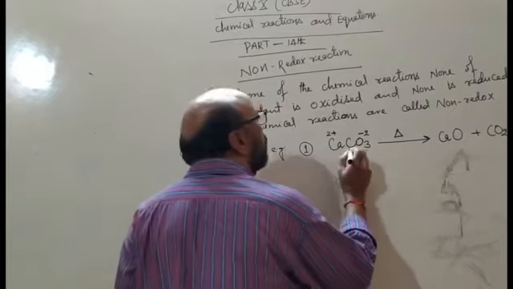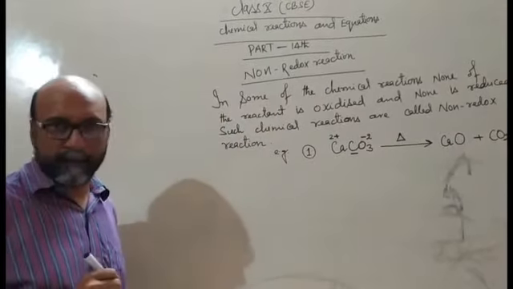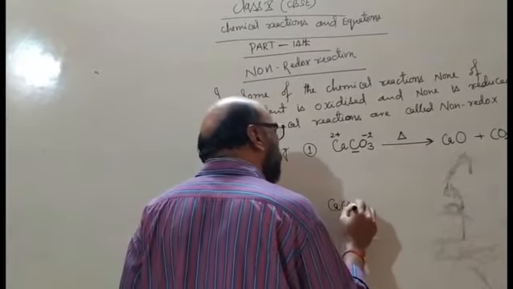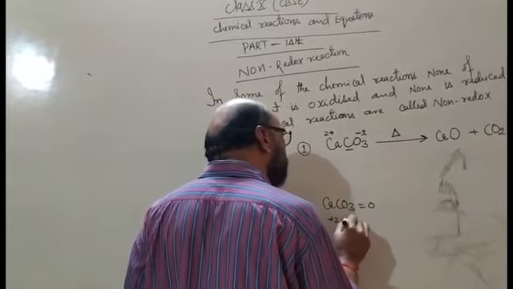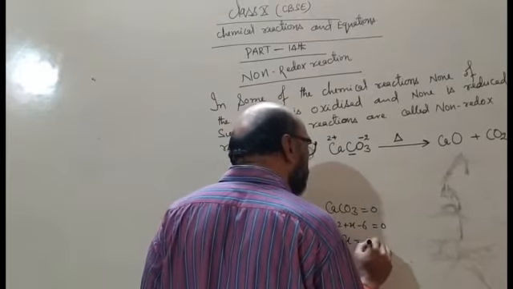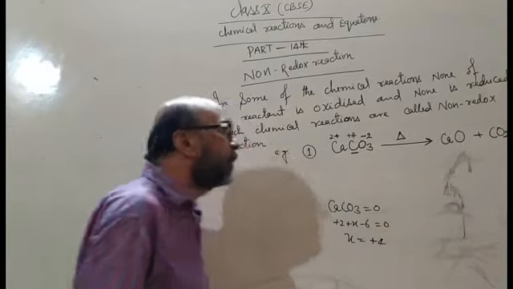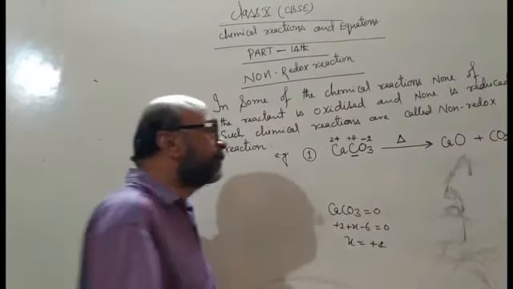Here we need to calculate the oxidation state of carbon in calcium carbonate. +2 plus x minus 6 is equal to 0. Therefore, x is equal to +4. So we have +4 charge on the carbon atom in calcium carbonate.